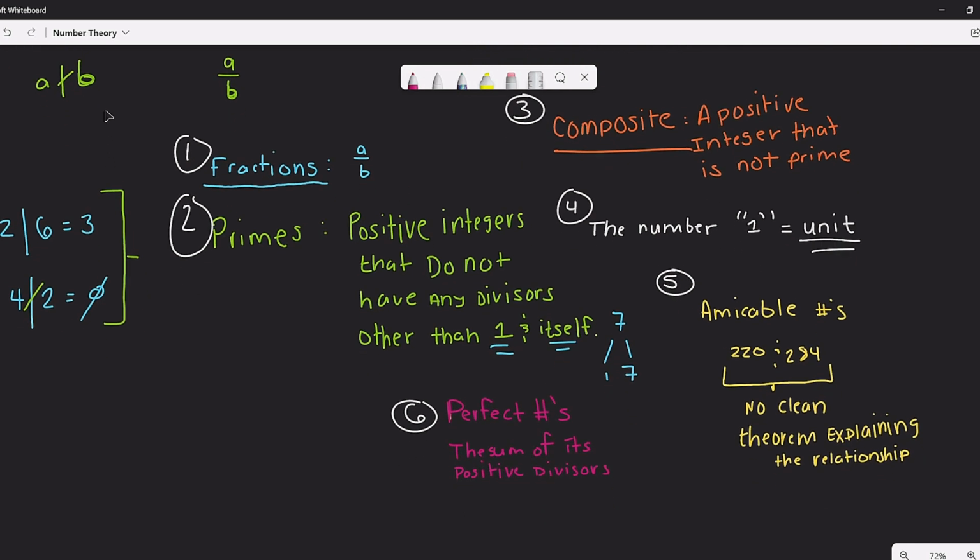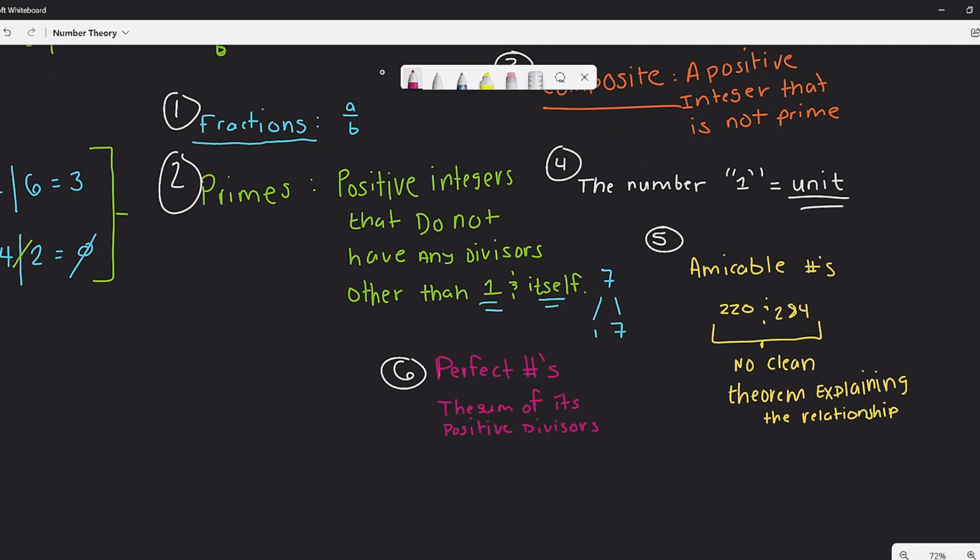For example, the positive divisors of 6 are 1, 2, and 3. And if we add these up, we get 6 itself. So 1 is a divisor of 6. 2 is a divisor of 6. It goes into it 3 times. So 6 is a multiple of 2, and 6 is a multiple of 3, and 3 goes into 6 2 times. And so this is a perfect number. And the interesting thing about perfect numbers is they're all even.